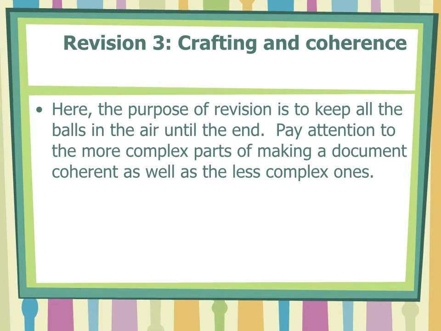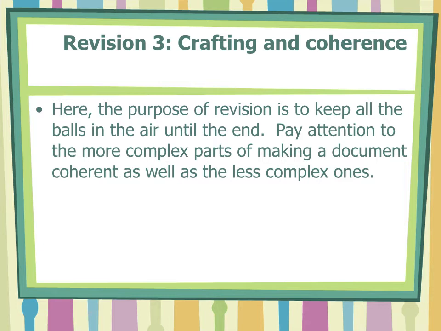The next round of revision is the crafting and coherence. Here what you're doing is going through each section and each paragraph and trying to make sure that they're all linked together. So you're looking at the transitions between sections and the transitions between paragraphs.